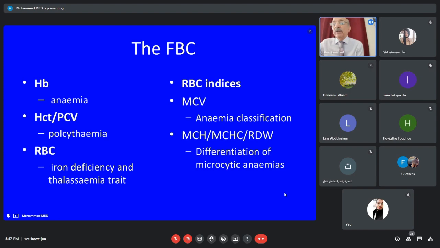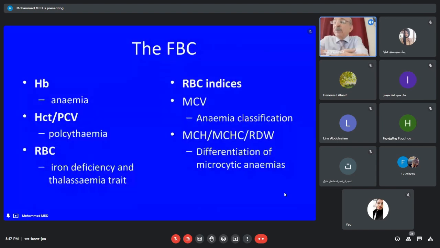Full blood count here. The name for this test is full blood count, or sometimes you find it called complete blood count. So FBC or CBC is the same.